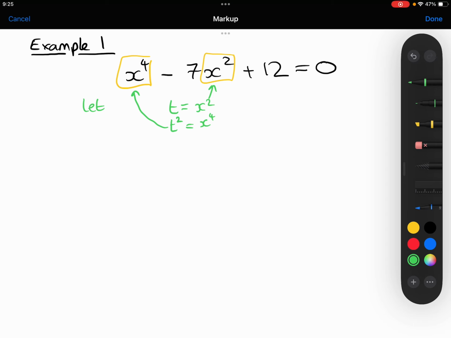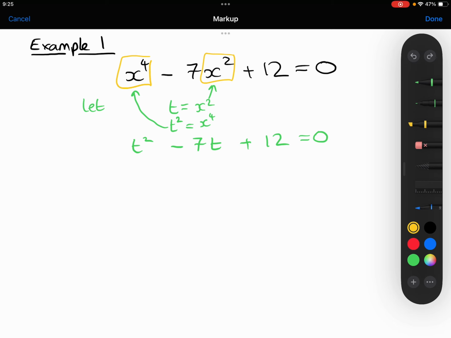So my equation is going to become: the x to the power 4 becomes t squared. I've then got minus 7 lots of t, because the x squared became t. The plus 12 is still there, and that equals 0. Just to repeat what I've done, I noticed that this was this squared.